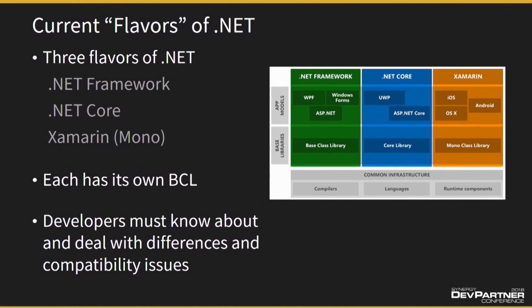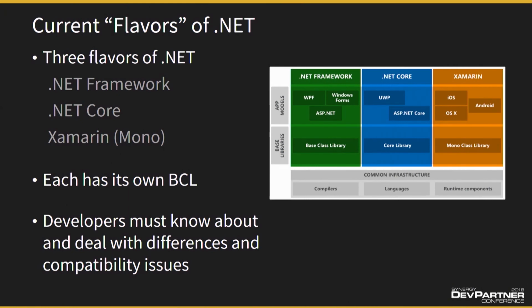The .NET Core framework, if you're working in ASP.NET Core or any of those workloads we talked about earlier, you'll be working in the .NET Core environment with its core library, which is very small, but then plugging in lots and lots of NuGet packages to get the features that you want. And then, of course, there's the Xamarin platform with its iOS and OS X and Android support. And again, it has its own base class library.